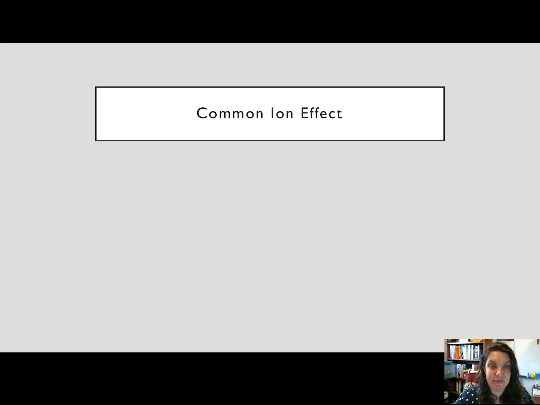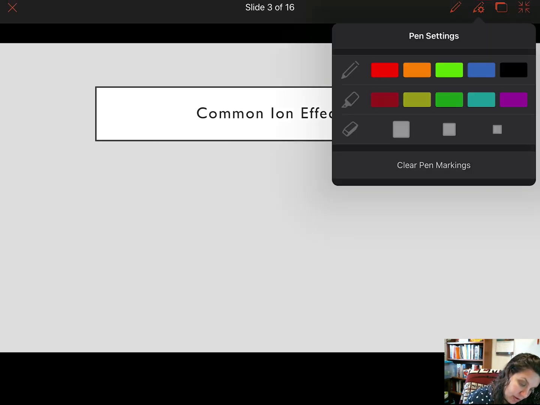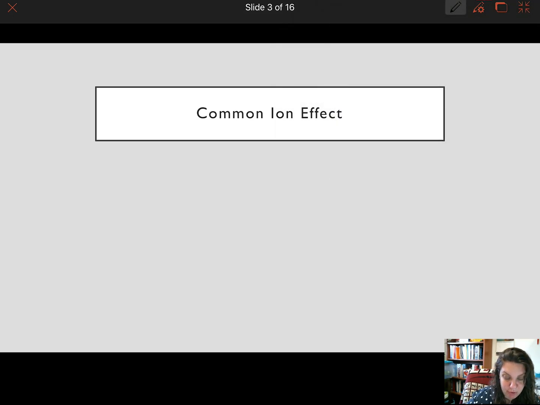So the common ion effect basically tells us what happens to an equilibrium process when we add in a common ion.